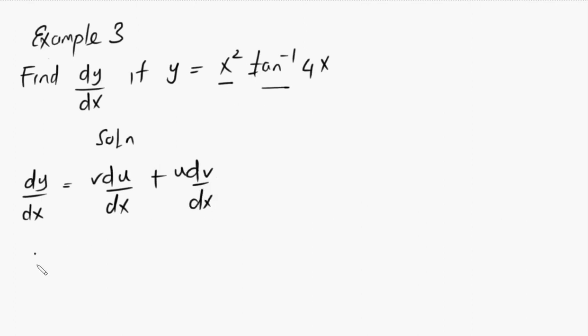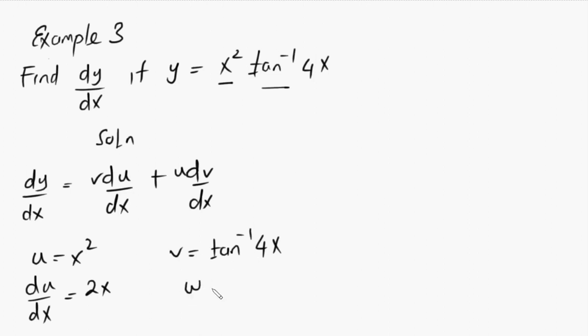Kwa hiyo hapa our u is just x squared. So our du dx is just 2x. And our v is just equal to tan inverse of 4x. Well, I am afraid hapa itabidi nitumie chain rule. So I'm going to let w is equal to 4x. So my dv dx by chain rule will just be equal to dv dw times dw dx.